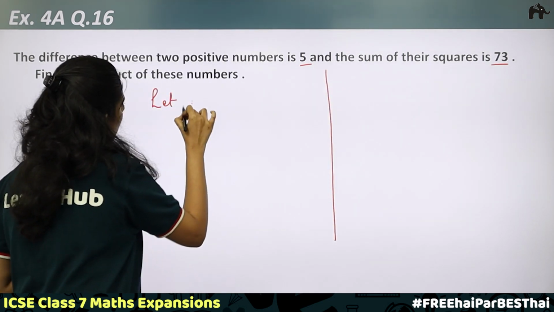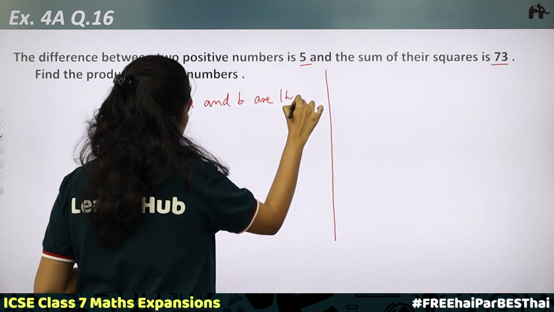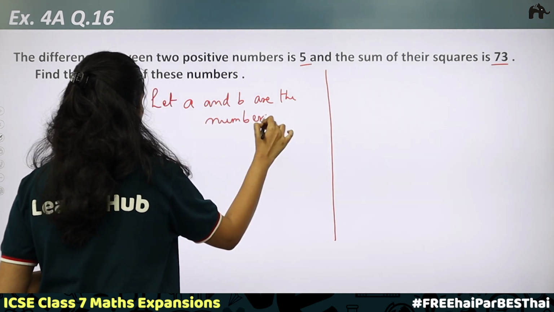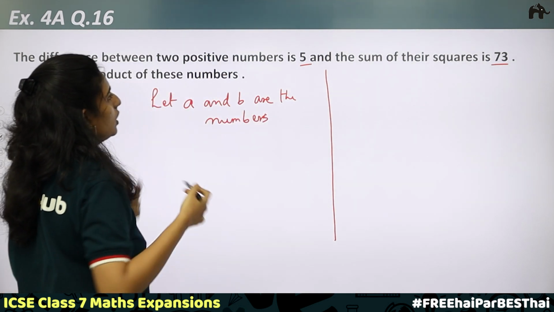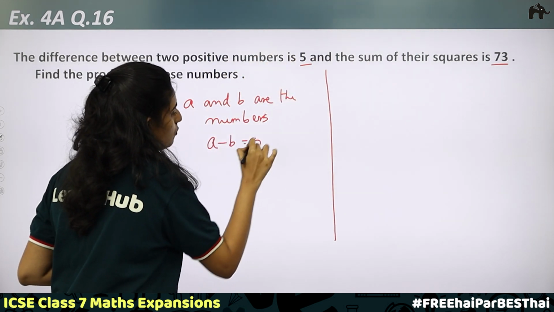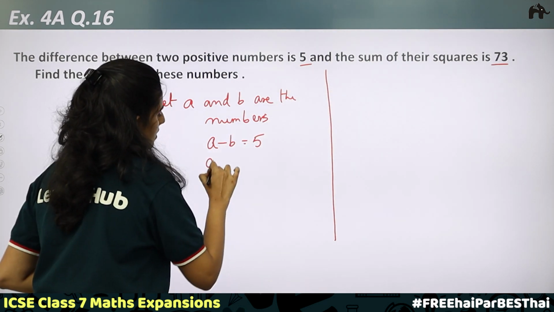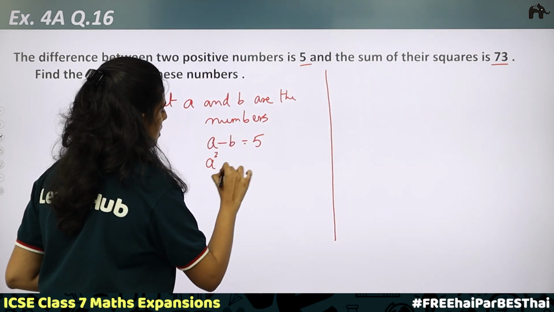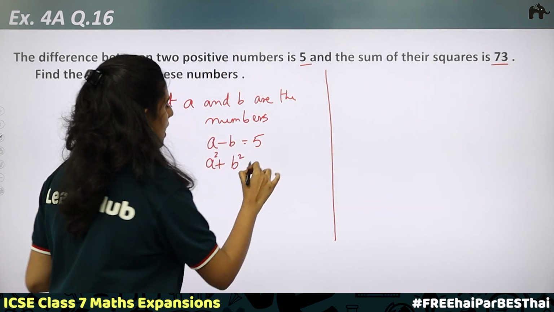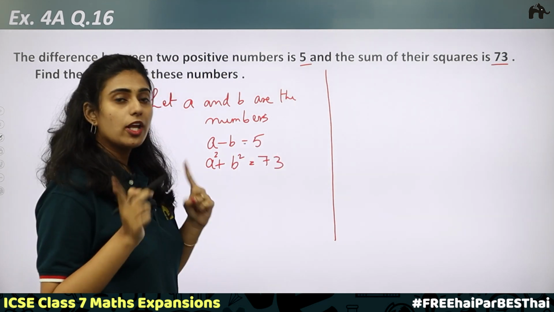So the first statement given is that the difference between the two positive numbers is 5, which means a minus b is equal to 5. And the sum of their squares is, square of a is a square plus square of b is b square, and the sum of the squares is 73. We need to find the product of the numbers.